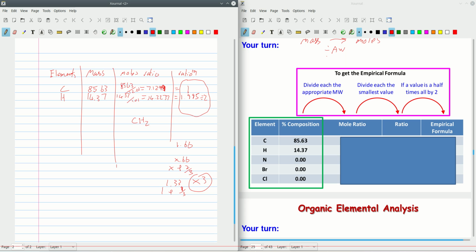This is important. Similarly, if your answer comes out at 1.25, that is a quarter, so you would times by 4 to get a whole number. If your answer came out at 1.2, that one is a fifth, so you need to times by 5.